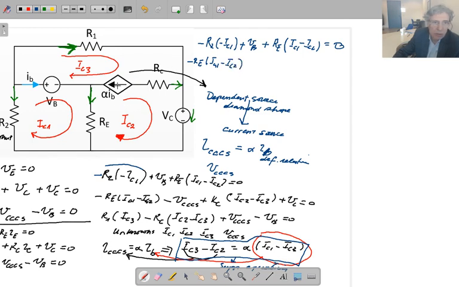And then this element voltage, directions are opposite, so minus V current controlled current source. And this element direction reference and this reference the same, so plus RC times, I am using the definition relation at the same time, this element current in terms of mesh currents, there are two meshes related to this one. IC2 direction is the same as the element current, so that's plus, and the other one is the opposite, IC3.